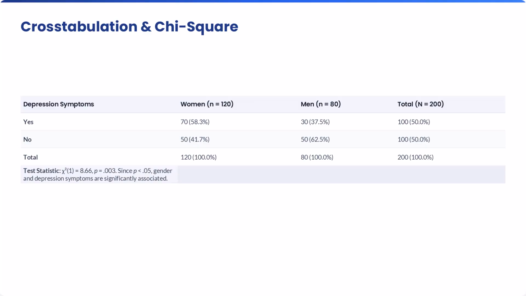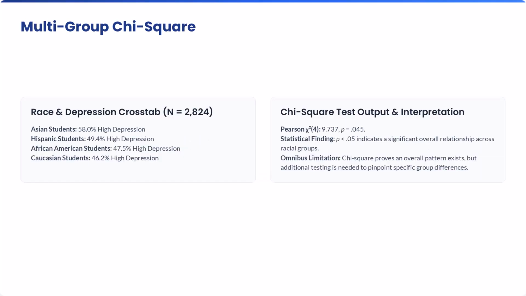Chi-square equals 8.66 with a p-value of 0.003. Because the p-value is less than 0.05, we can conclude that this difference is unlikely due to random sampling chance. Remember, percentages describe the pattern's direction and size, while the chi-square test determines statistical significance.